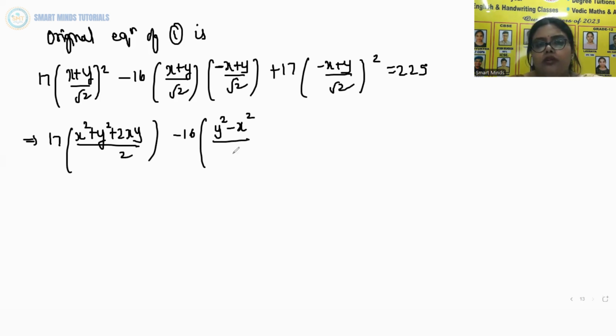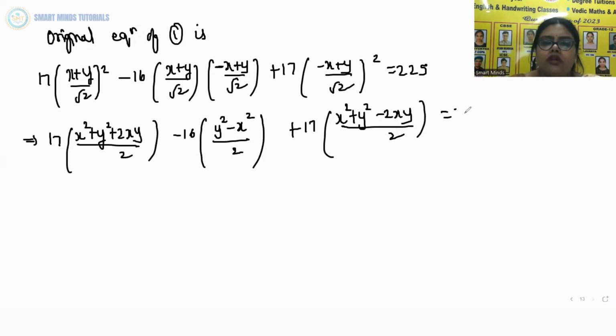By root 2 into root 2 is 2, plus 17 into, again one is positive, one is negative. So we take the a minus b whole square formula. So that is x square plus y square minus 2xy by 2 is equal to 225. Now multiply the numerators, this into this, this into this, this into this. Then this into this, this into this. Then this into this, this into this, this into this.